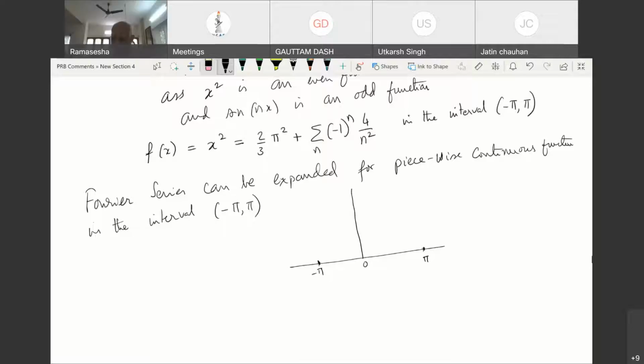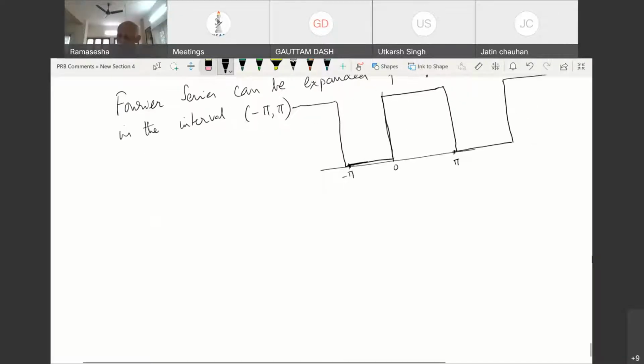In solid state physics, it's called the Kronig-Penney model. You have periodic boxes, so you can look at these as periodic boxes. This is one box. This is another box.